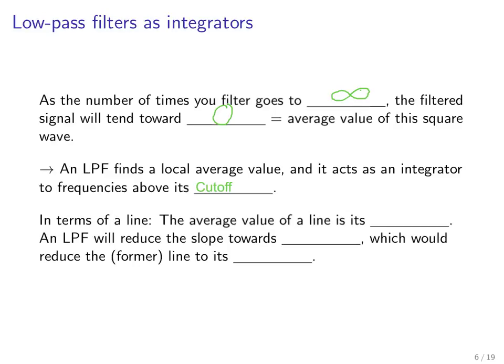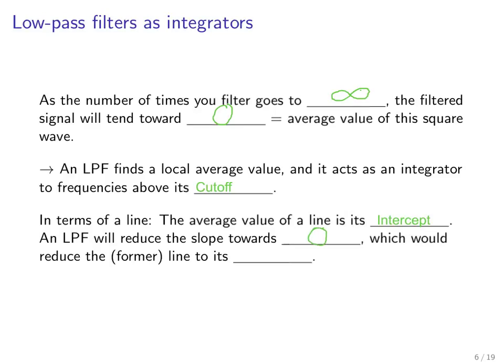And we can also think about this in terms of a line. So the average value of a line is its intercept, right? The point at which it intersects the y-axis at x equals 0. So a low-pass filter will reduce the slope of a line towards 0.